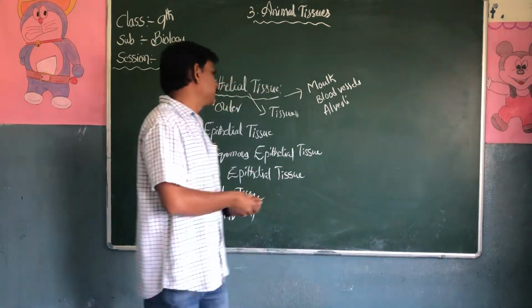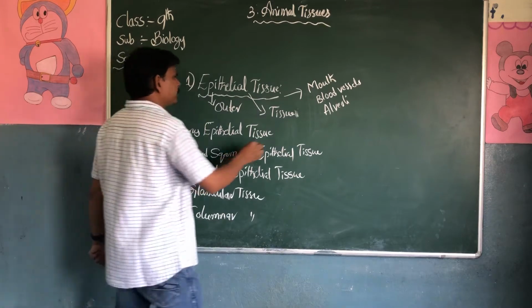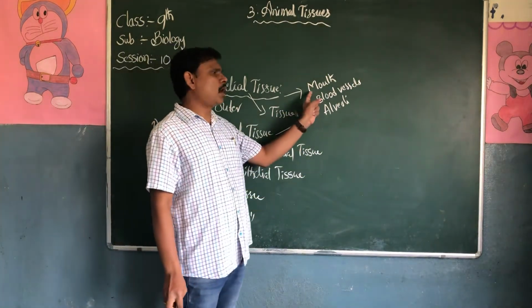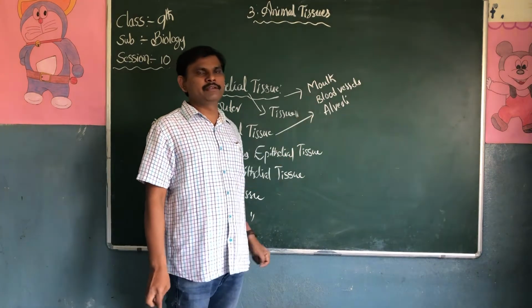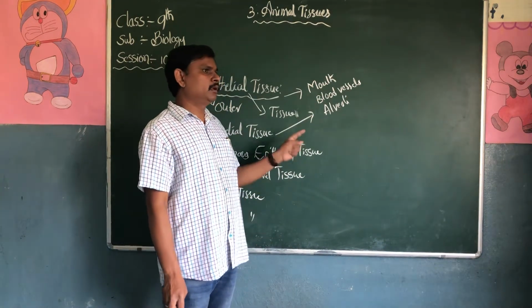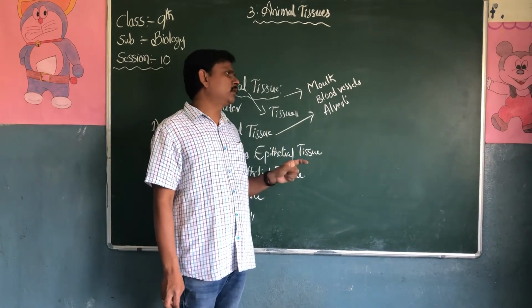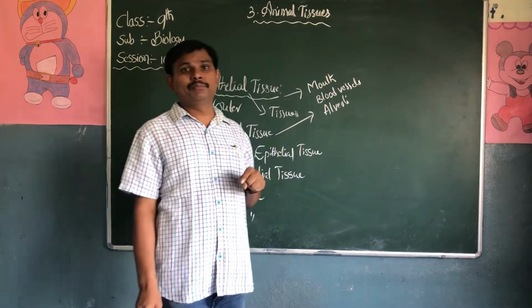The squamous epithelial tissue is found in the inner lining of the mouth and in the inner lining of blood vessels.